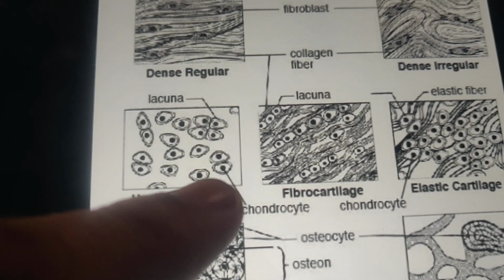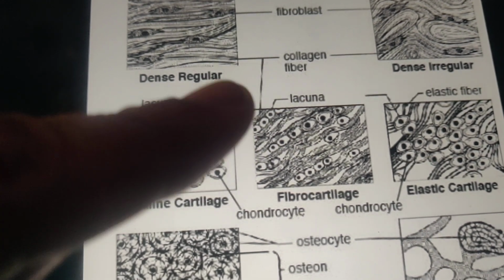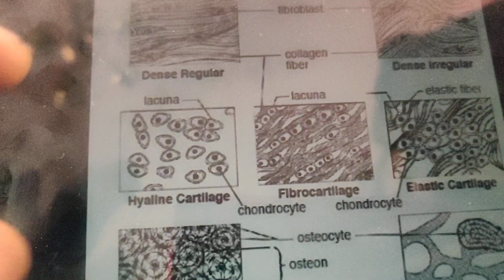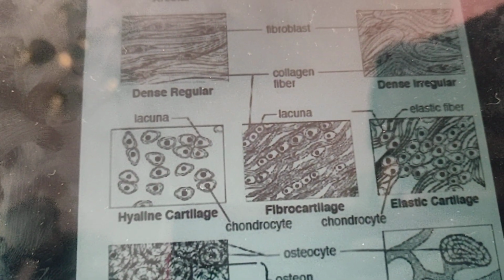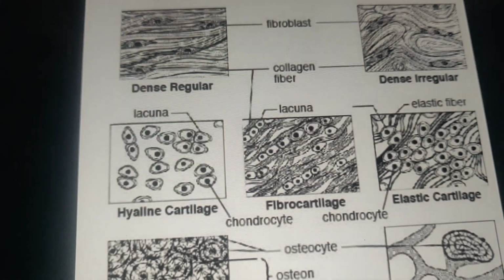These are known as cell nests, and the chondrocytes are present inside them. The matrix is very solid but smooth.